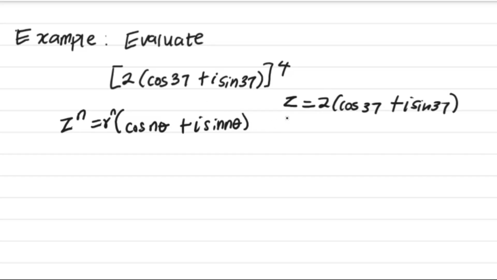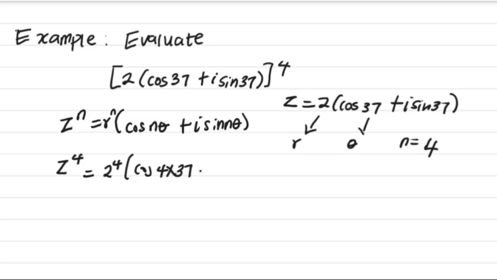So our r is equal to 2, our theta is equal to 37, and n is the power we are raising it to, which is 4. Here, z raised to power 4 gives us 2 raised to power 4 into cos (4 times 37) plus i sine (4 times 37).